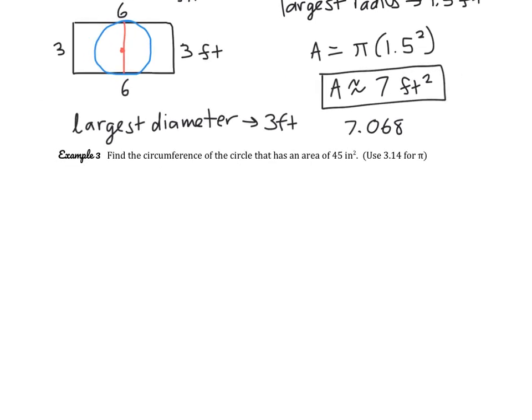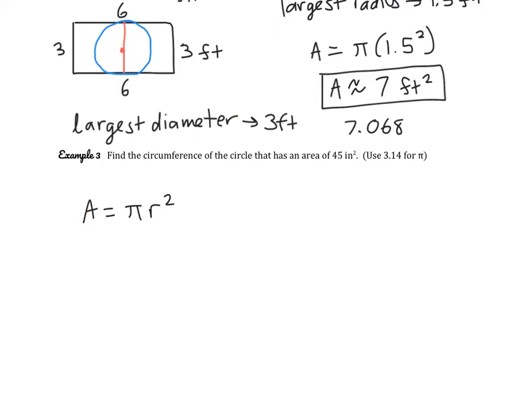Okay, and last, let's look down here at example 3. Here we're asked to find the circumference of the circle that has an area of 45 inches squared. And here we're going to use 3.14 instead of pi, so we're going to use a decimal approximation. So far all we know about the circle is the area. If we use our area formula, since we know A, we could find the radius.